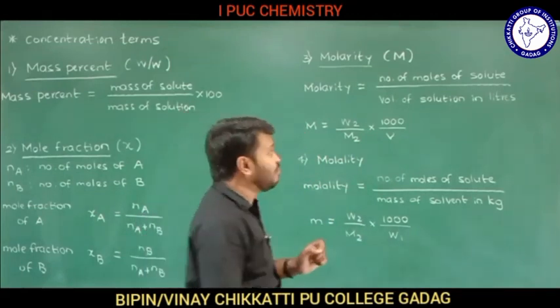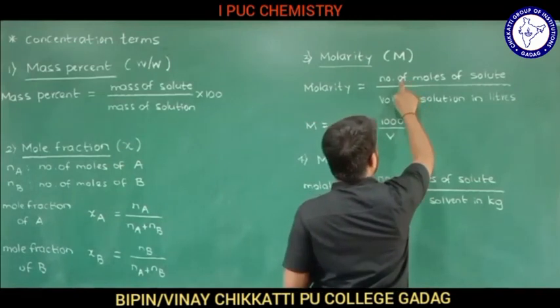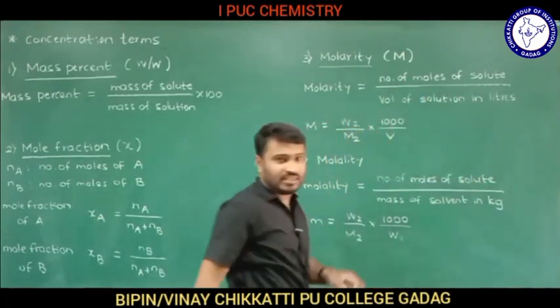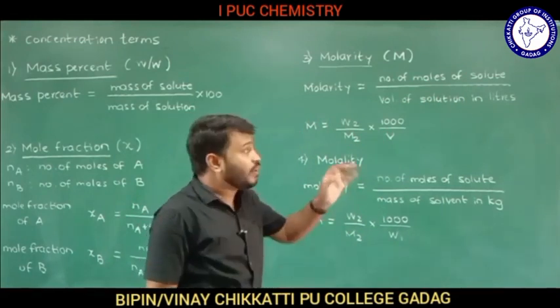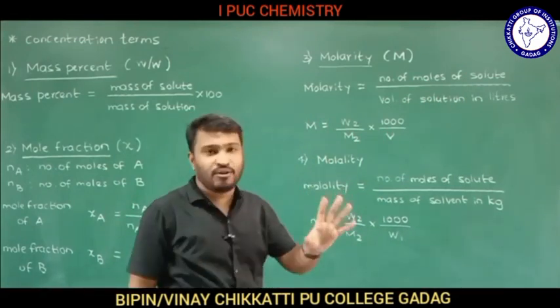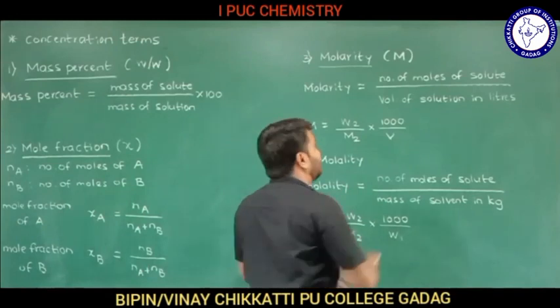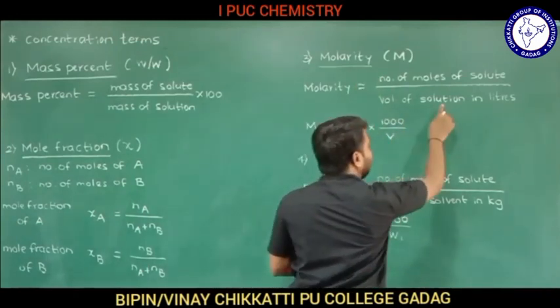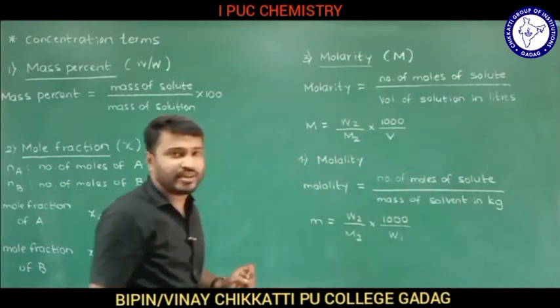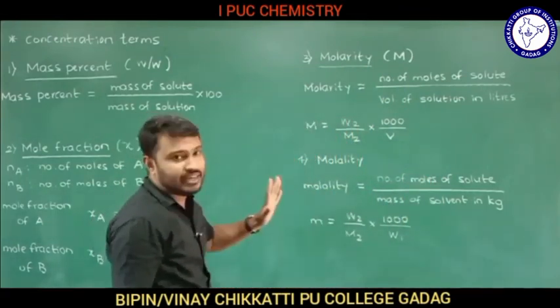The main thing to remember is that we consider the number of moles of solute, and it is present in 1 liter of a solution. This is very important: in molarity we consider volume, 1 liter of a solution, and that is molarity.